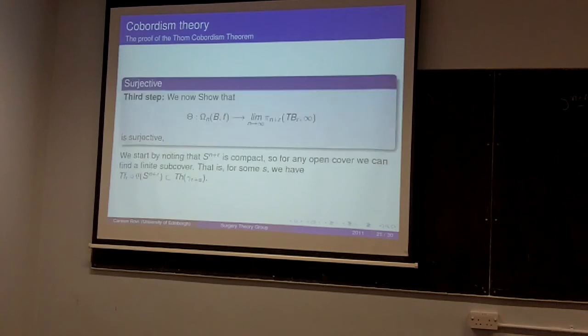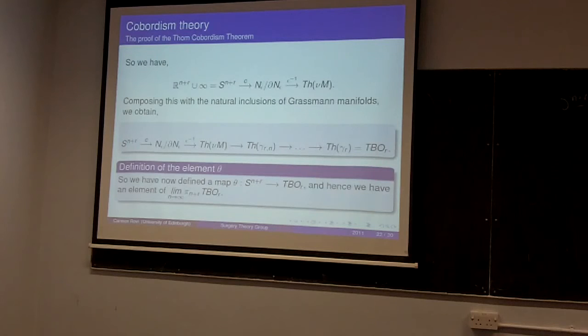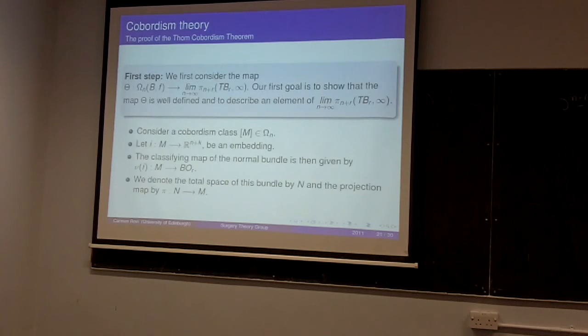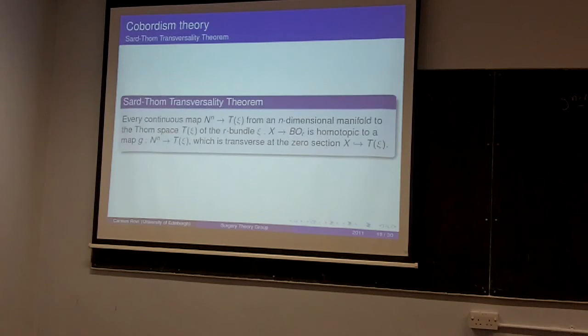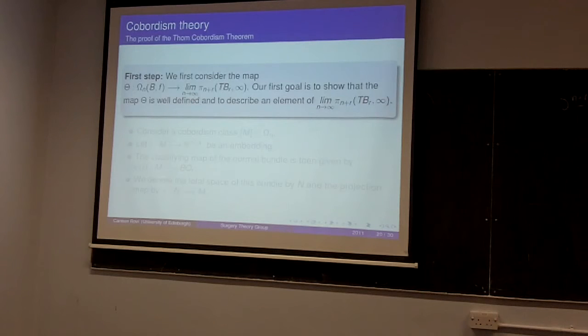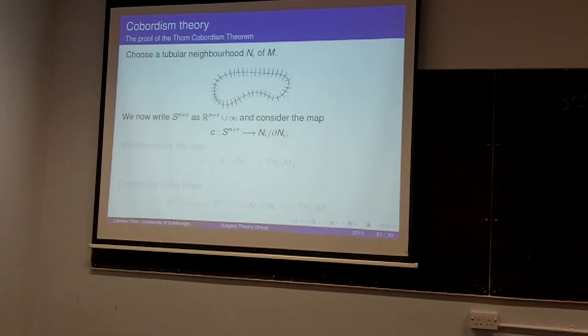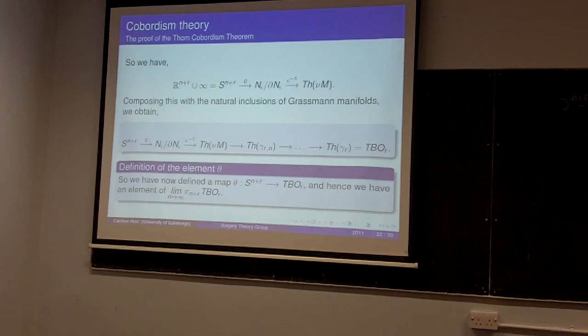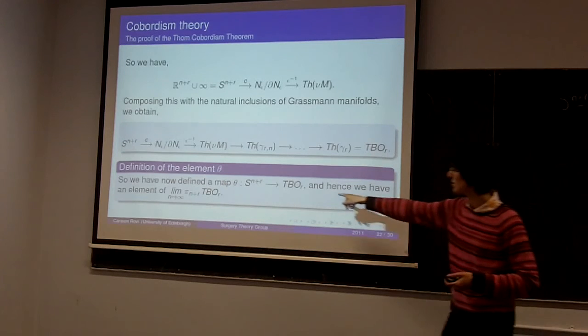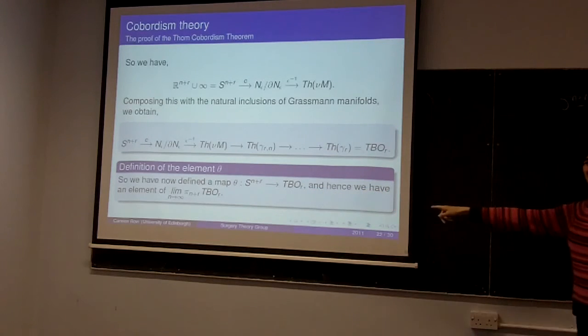Let's see if I can locate it. A couple of slides. You tell me. Beginning of the proof. It can't be very far away. Forward, I'm quite lost. Yes, what is this map from the Thom space? You mean that I've cheated a little bit because I'm not putting TBR there.